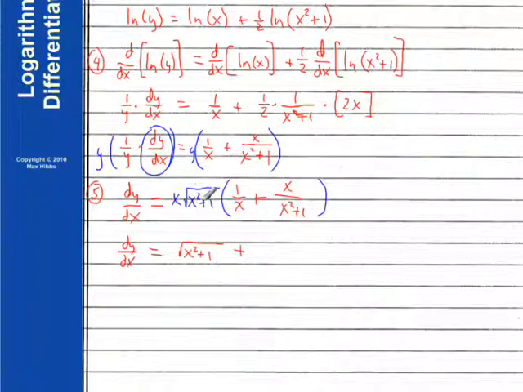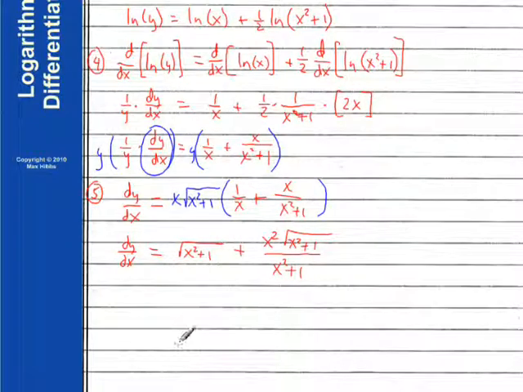Now when we multiply this factor with this fraction, we'll get a numerator that is x squared, that's the x times the x, and we'll have the square root of x squared plus 1, and of course that's all divided by the x squared plus 1.